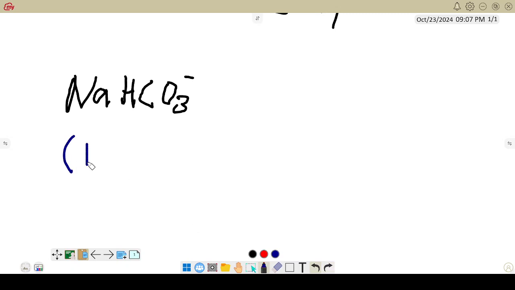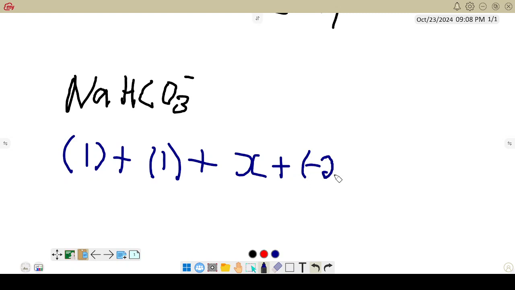Sodium, we know it is 1, it's in group 1, plus hydrogen, we know it's 1, plus carbon, which we don't know, that's what we want to find out, so we put X, plus the oxidation number of oxygen, -2, and then we have a 3 outside, so -2 times 3, everything is equal to -1.